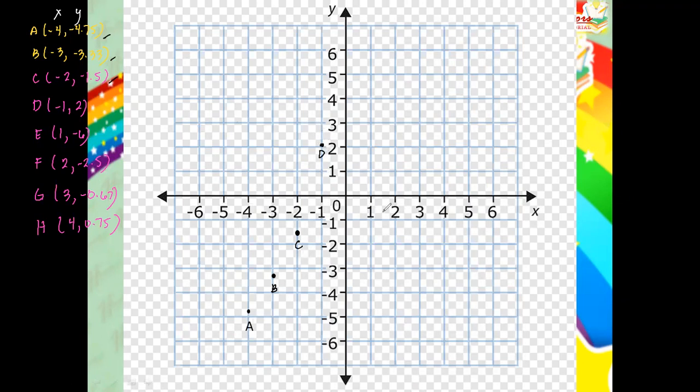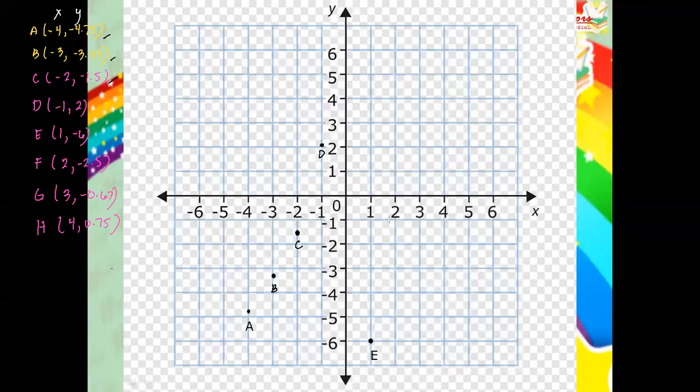Next. Letter E, we have here 1 and -6. It is here. I will plot it. 1 and -6. This one. This is letter E. Let's write E here. Next. Let's have F. This is 2 and -2.5.